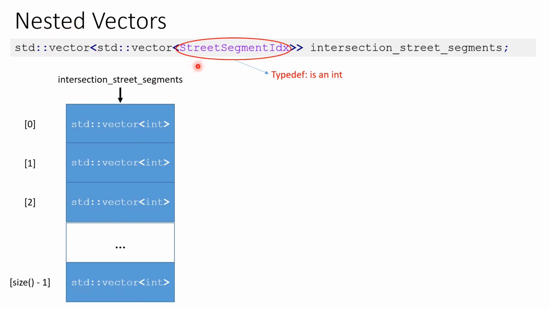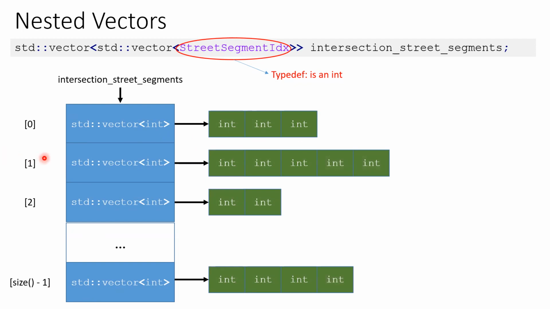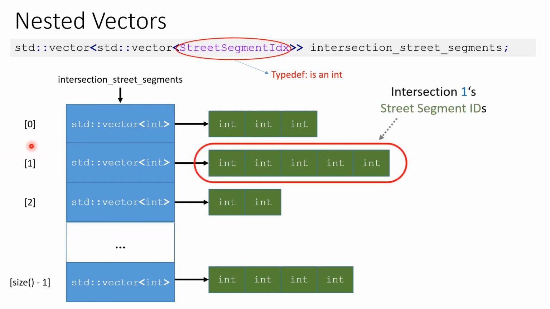The vector will contain vectors of integers, like this. Each index will contain all of the street segments connected to the intersection. If we do intersection street segments 1, it will get intersection 1's street segment IDs in the vector of integers. Does this make sense? Anything unclear at this point?